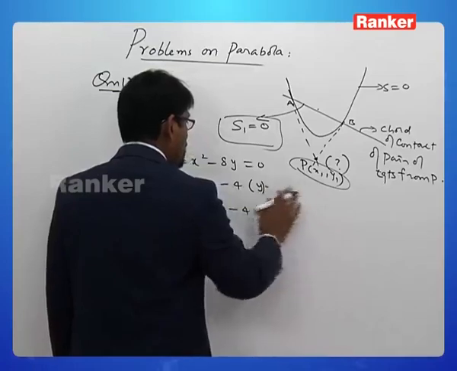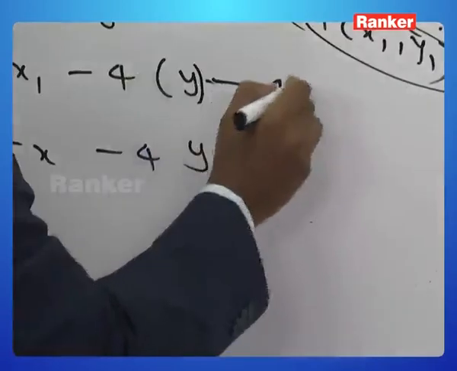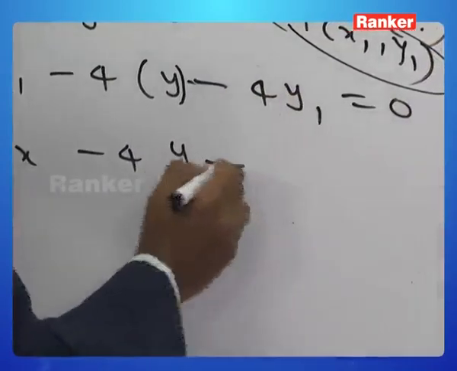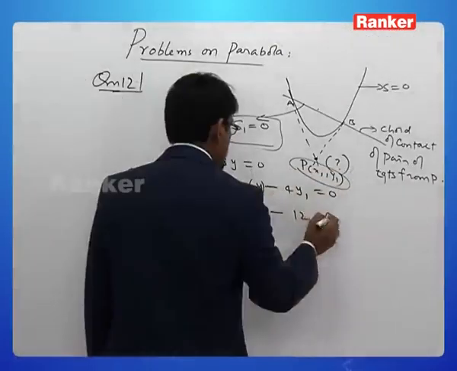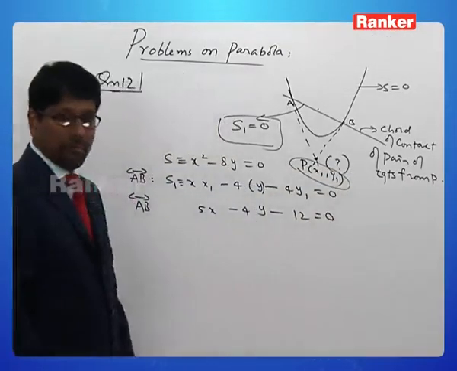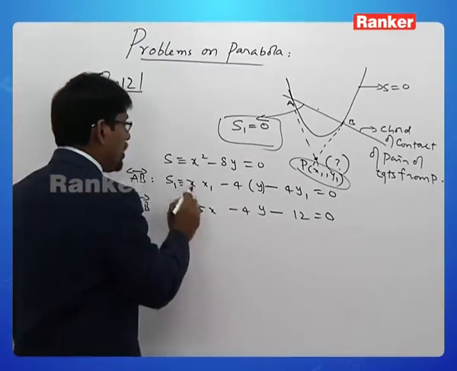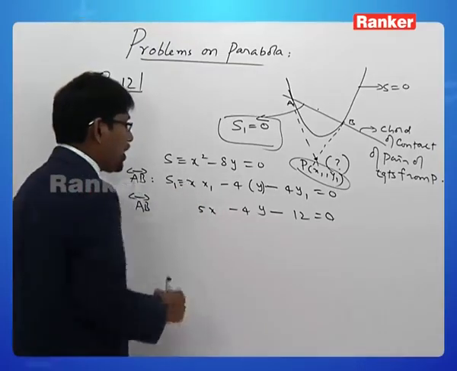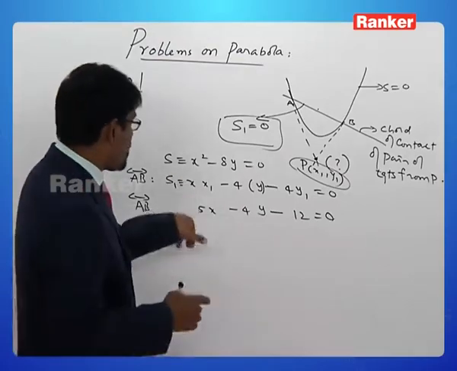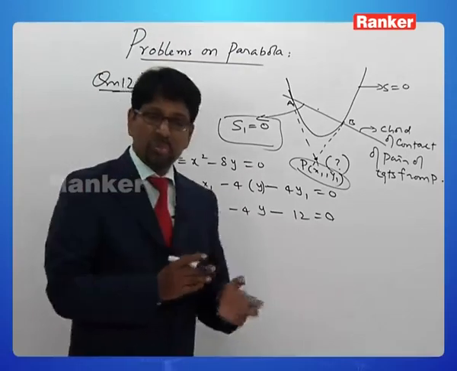Let's rewrite this equation as x1 x minus 4y minus 4y1 is equal to 0 and 5x minus 4y minus 12 is equal to 0. Now we are having two equations representing the same line. The coefficients of the like terms must be proportional.